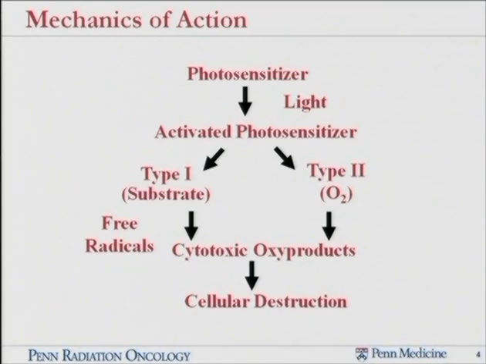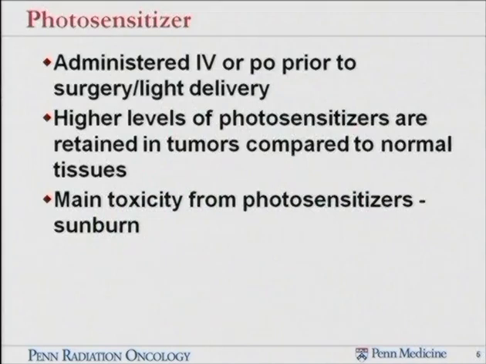One is the sensitizer, and the other, of course, is using the light as a control element. The sensitizer, I'll talk about that briefly, is usually delivered in vivo prior to surgery or treatment. It is supposed to have a higher concentration in tumors compared to normal tissue.